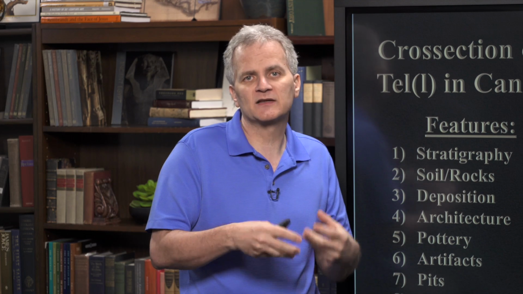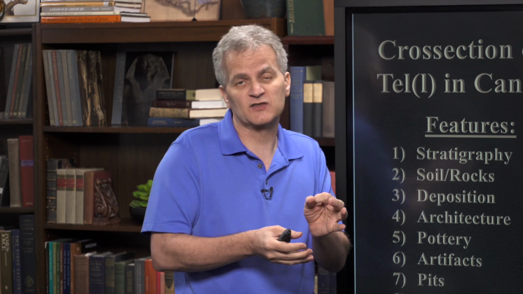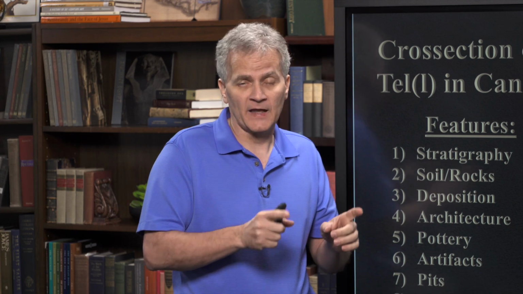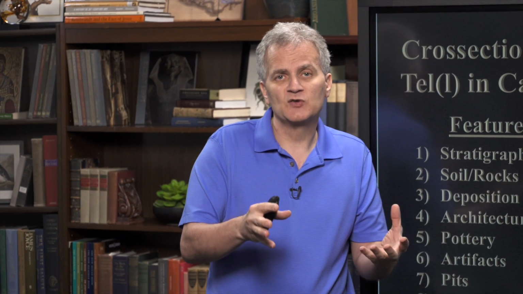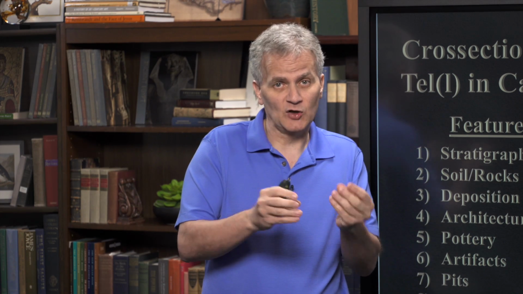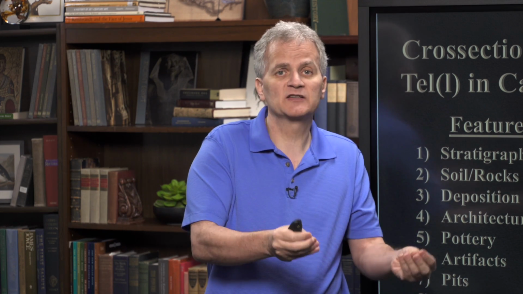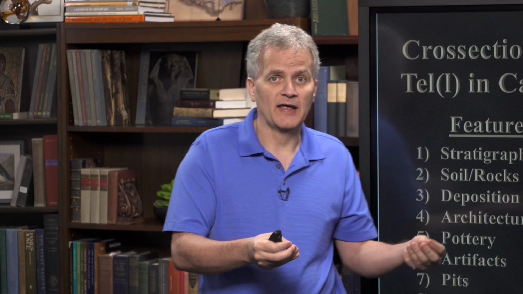And it really takes care to be able to see artifacts, especially small ones, like scarabs and beads and so forth. It's for this reason that archaeology has introduced the practice of using screens to sift the material to look for the small things.